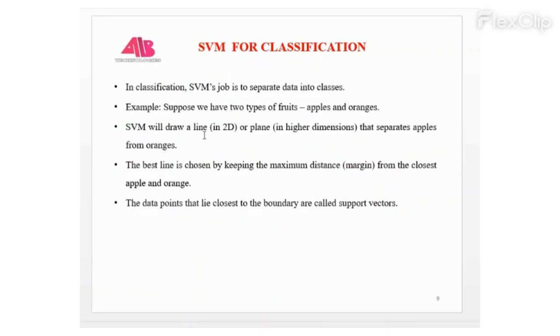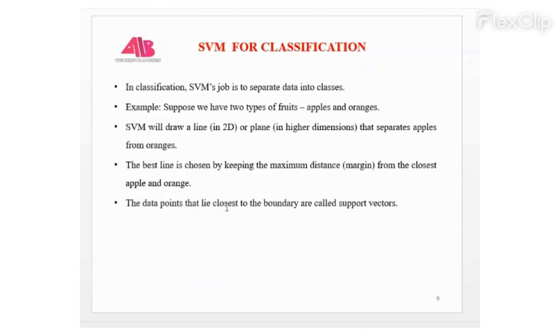Then we are going to see support vector machine for classification. Think of support vector machine as a tool that tries to separate two groups, like apples and oranges. It looks at all the points and tries to draw the best line that puts the apples on one side and oranges on the other side.